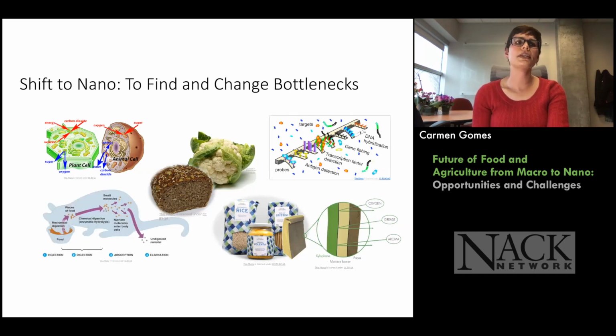And an example here is understanding digestion systems and creating delivery systems that can properly help deliver an active component that will be considered maybe a probiotic or a prebiotic, or even an antioxidant component, which can be done using nanotechnology materials.